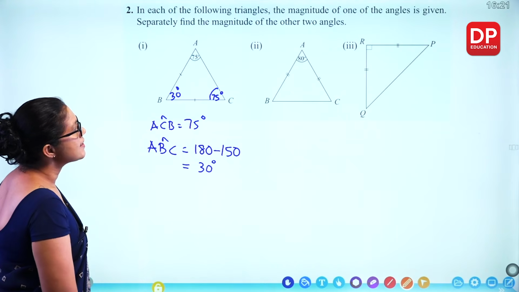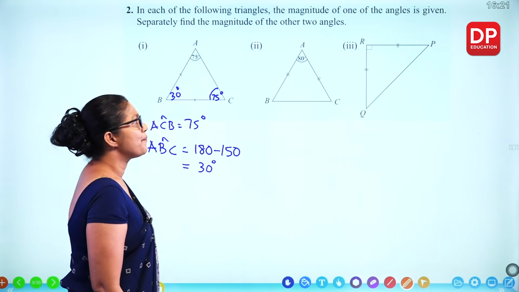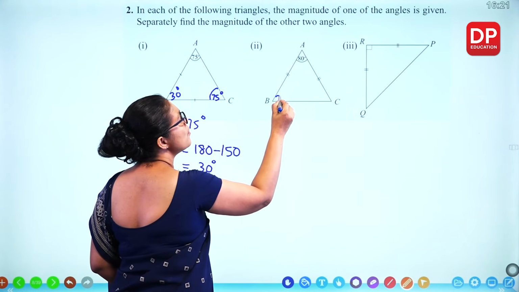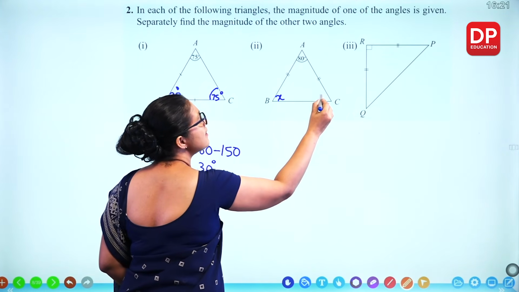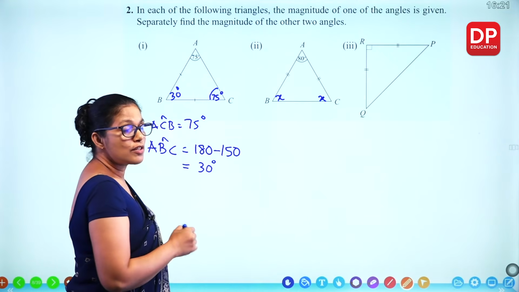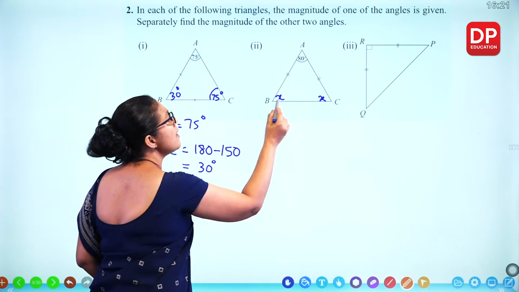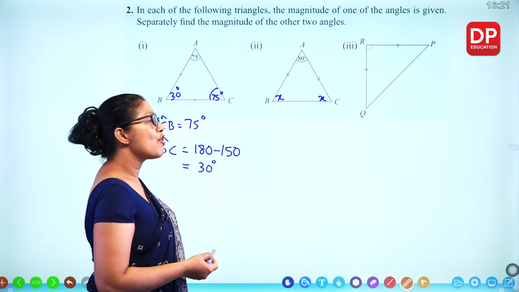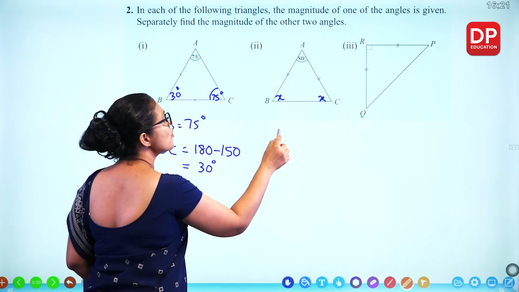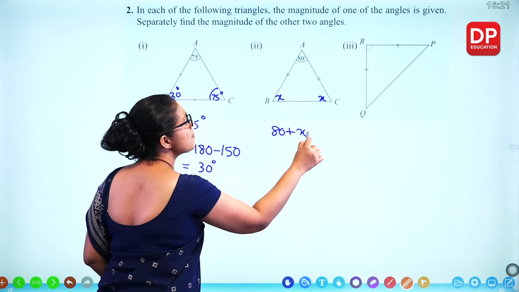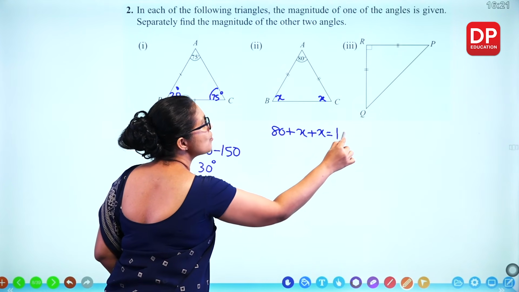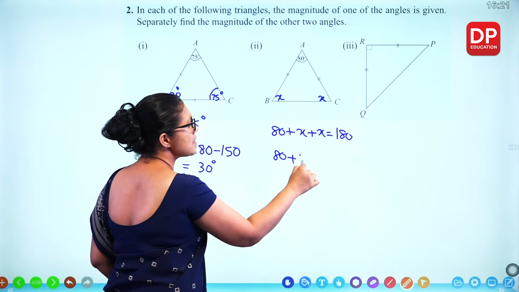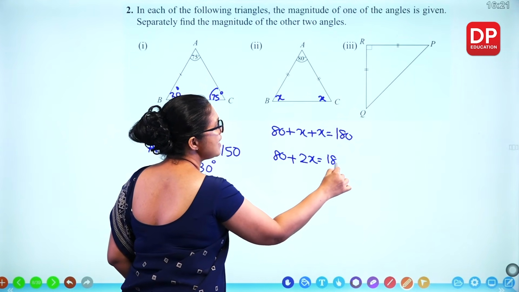Now we'll take the next diagram. You have given 80 there. But we know these two sides are equal. So we will put, if this is x, this is also x, according to the theorem. If these two are x's, we know the sum of angles in a triangle is 180. So you can write 80 plus 2x should be equal to 180.